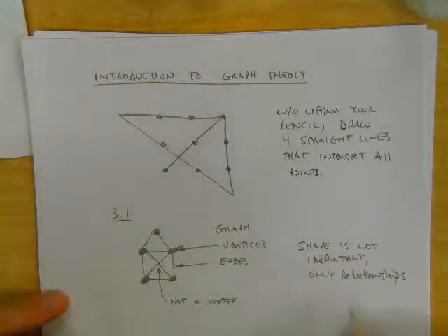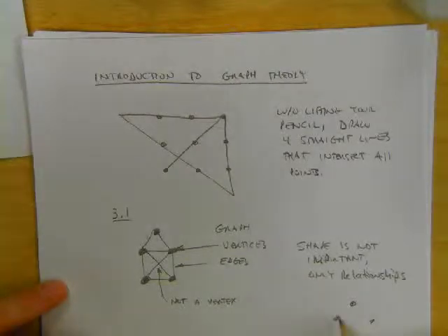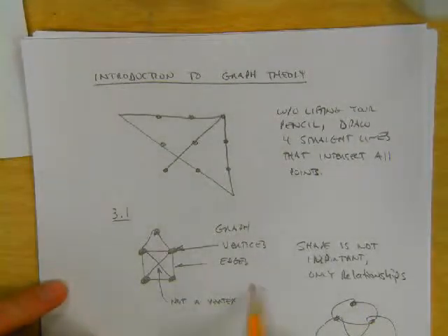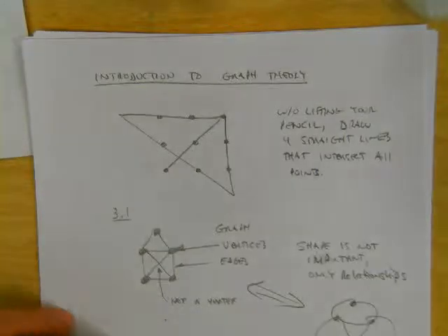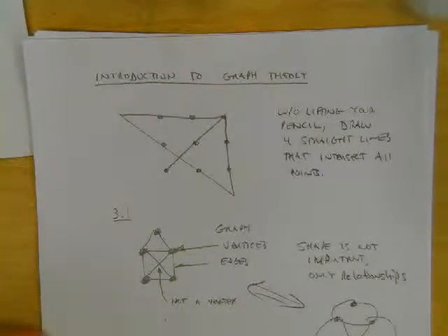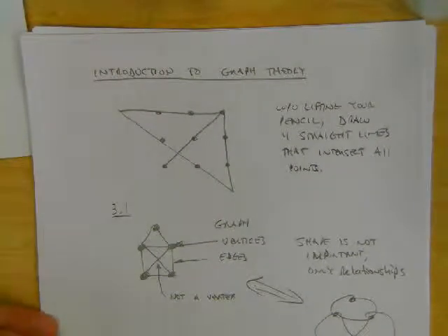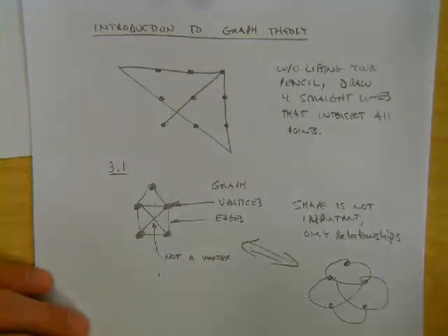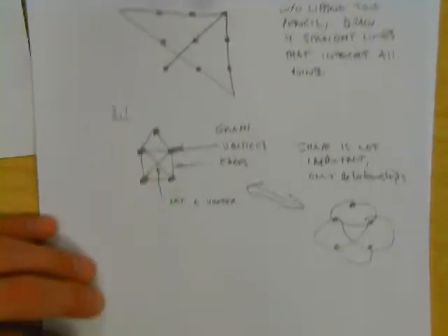So for example, we could have the same graph and it might look like this. And these two are equivalent to each other. They have a different shape, but they have the same relationships. Okay? Alright, I'm going to slide up here a little bit.